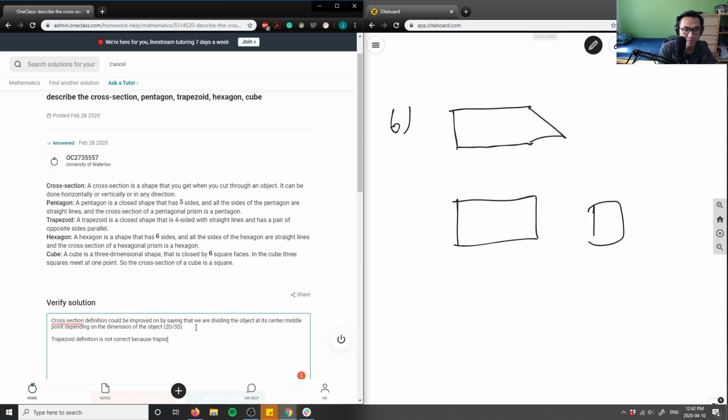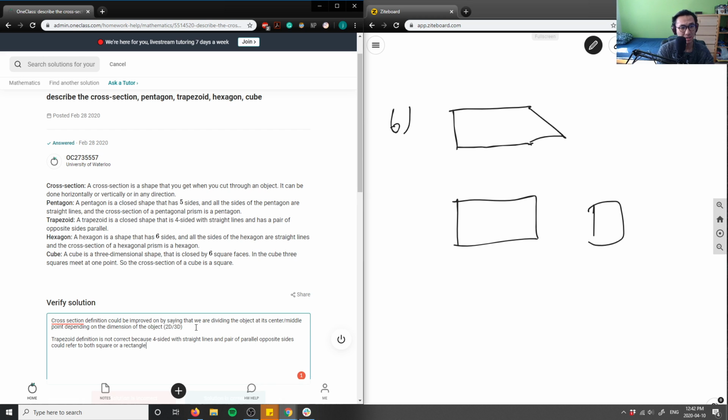Because in this case, 4-sided with straight lines and a pair of parallel opposite sides could refer to both a square or a rectangle. And even a rhombus, right?